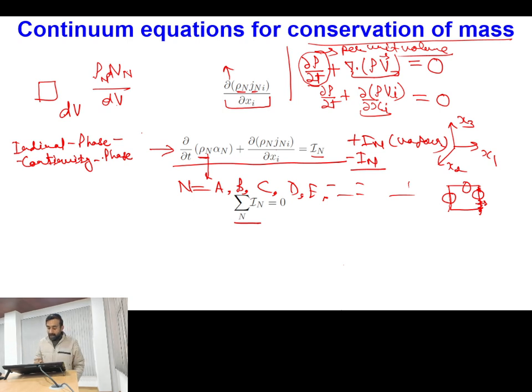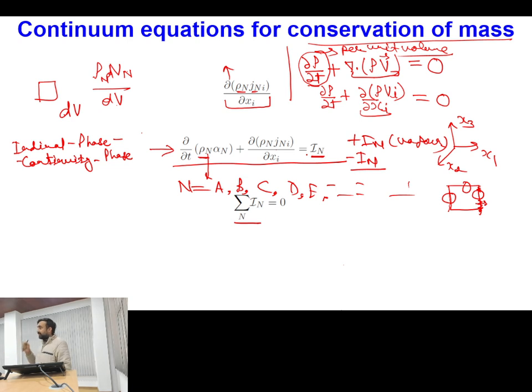Now this interaction term I n, if I simply consider two phases, one is the dispersed phase and another is the continuous phase. If this term is positive for the dispersed phase, the meaning is that the mass of the dispersed phase is increasing within the control volume.